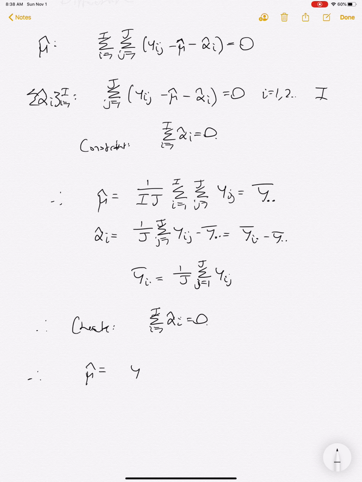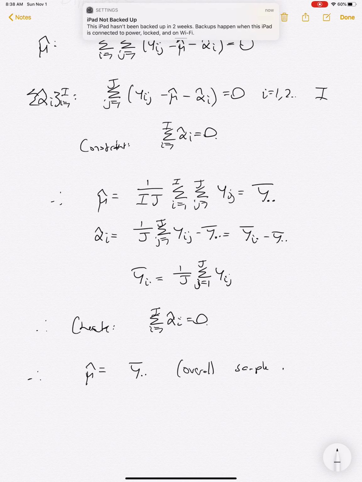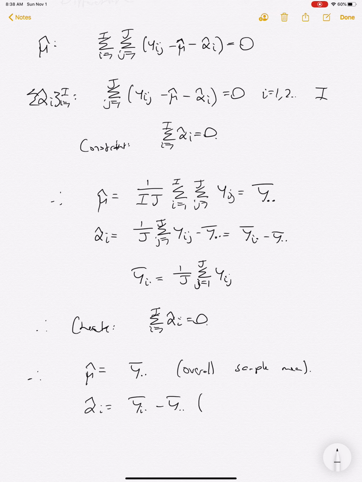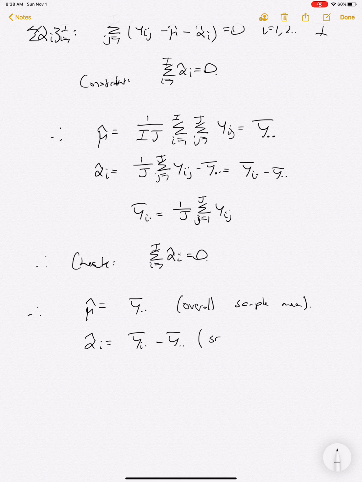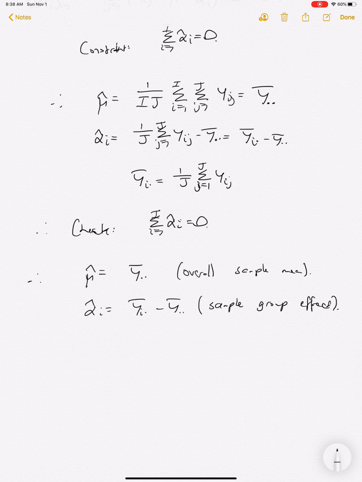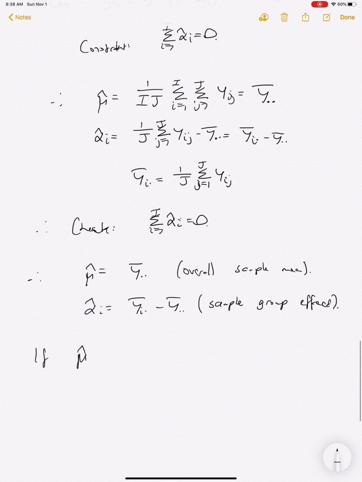So mu hat is y bar dot dot, the overall sample mean. And alpha hat i is equal to y bar i dot minus y bar dot dot. This is the sample group effect. And so if mu hat i equals mu hat plus alpha hat i, that just equals y bar i dot, which is the group sample mean.